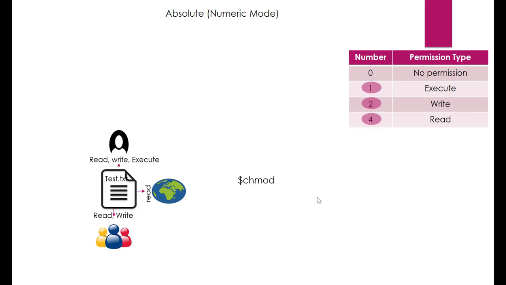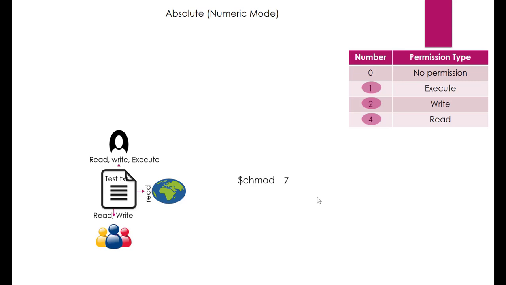So we are going to add all this together like 4 plus 2 plus 1, which means 7. So the number for read, write and execute permission is 7. We are going to set 7 here. This belongs to user or owner of that file. He has now read, write and execute permission.